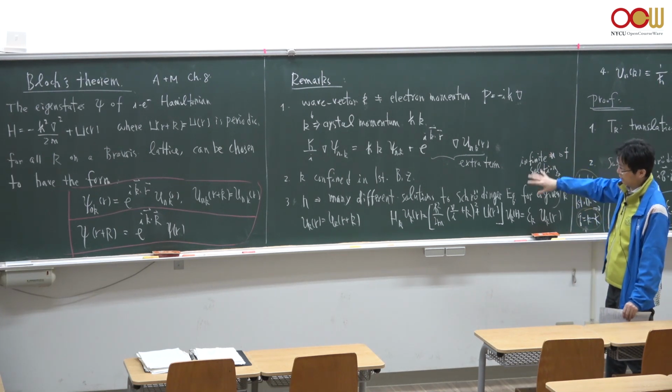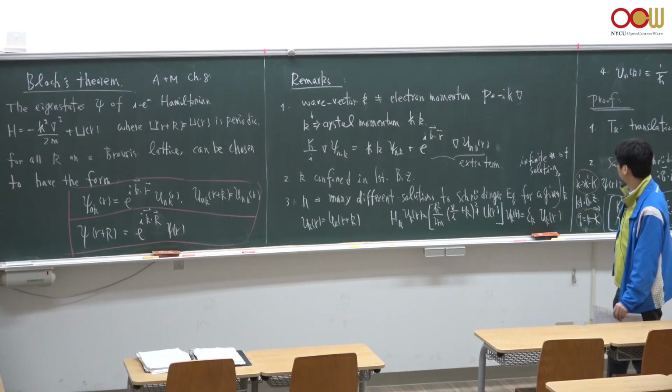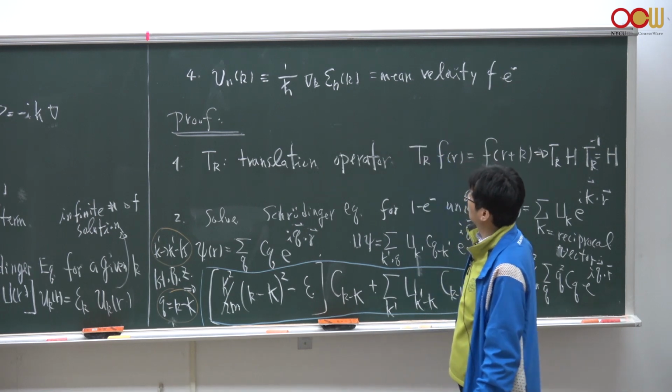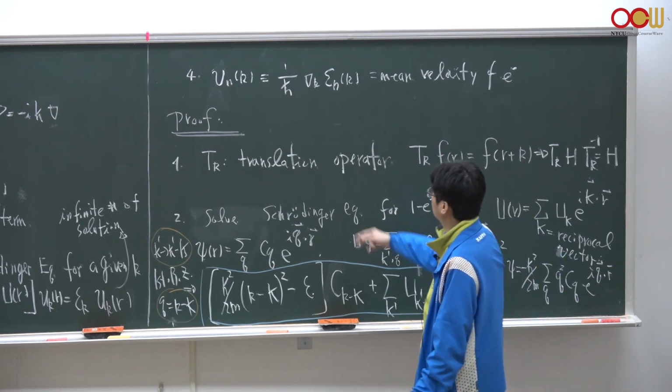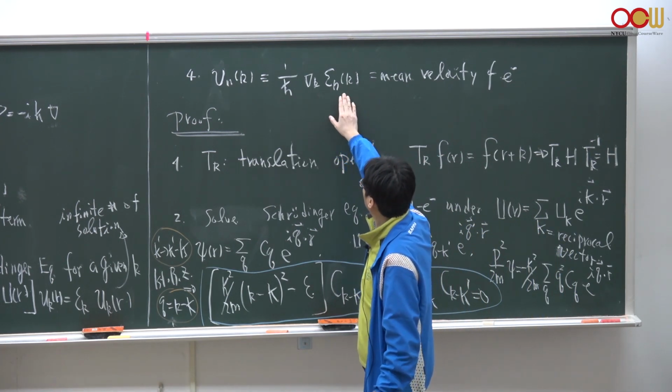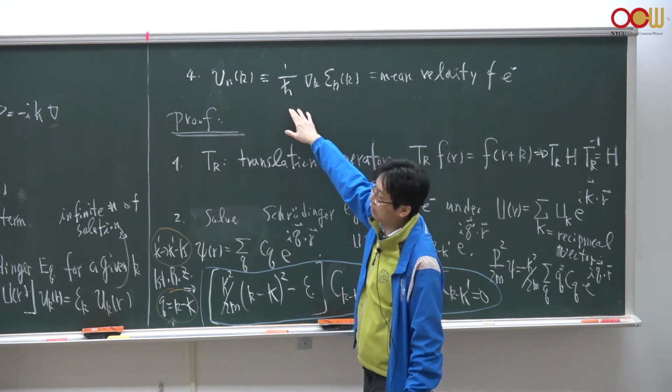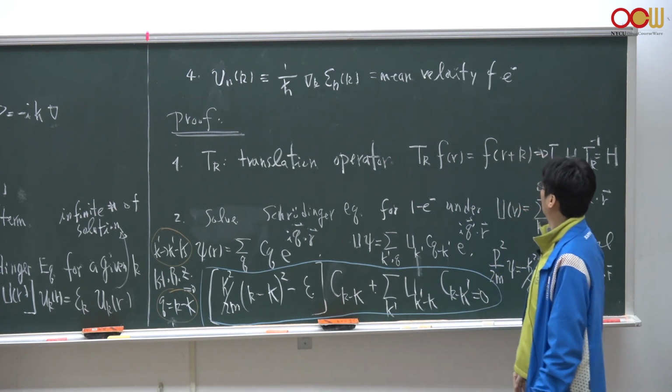We will go back to this later. And number four is that the velocity v_n(k) is defined as the gradient of your excitation energy divided by h bar, which measures the mean velocity of the electron.